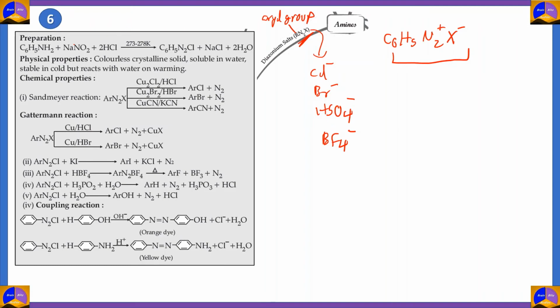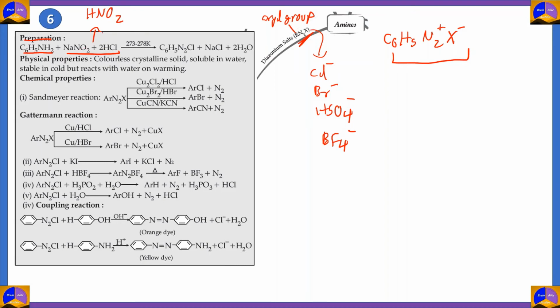So let's look at the preparation of diazonium salts. Diazonium salts are prepared by this reaction. We have a benzene amine, C6H5NH2. So diazonium salts are formed from amines. In the presence of NaNO2 and HCl, this provides the HNO2 necessary.